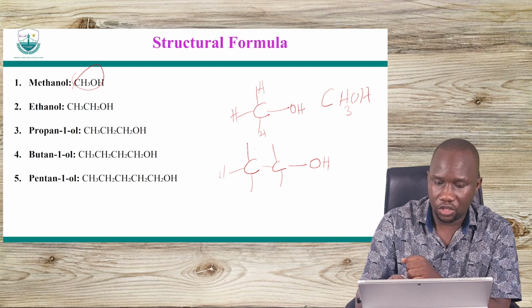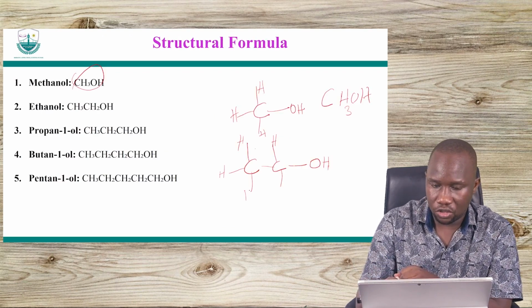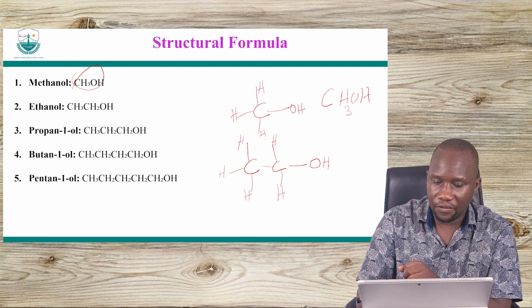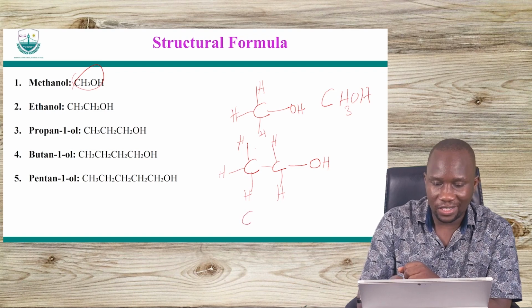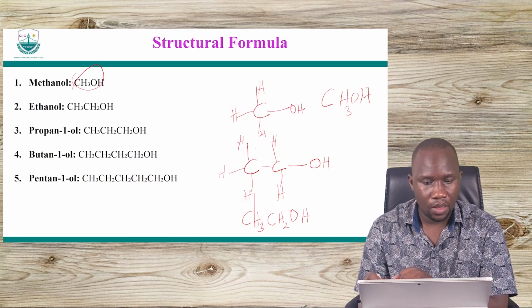So H, H, H, H. You can see the first carbon atom on this side has 3 hydrogens, the second has 2, and then the OH. So that is ethanol.